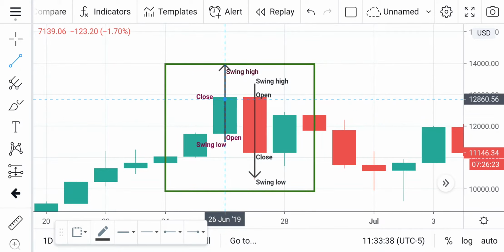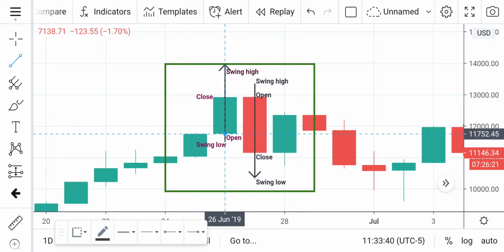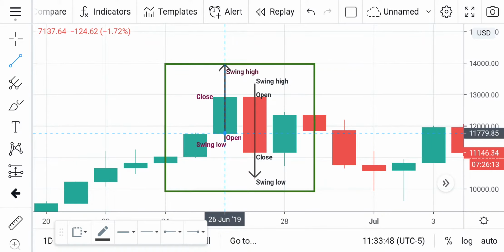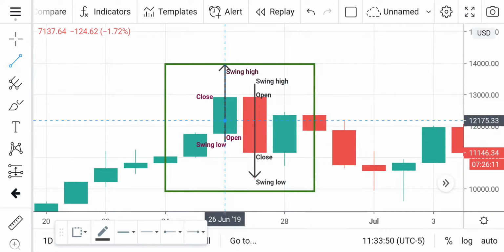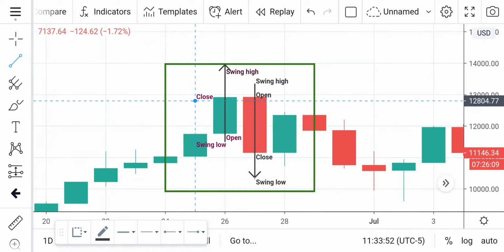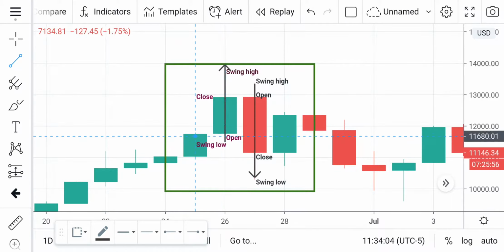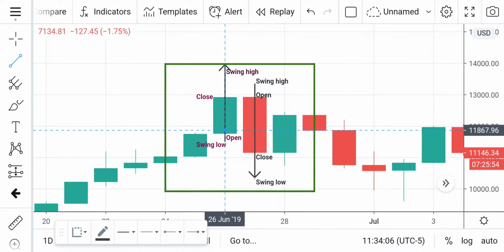You have the body, which is the green part, and you have the wick, which is this long arrow over here. So the body tells you the place that the price opens and the area that it closes, and the wick shows you the swing low and swing high.